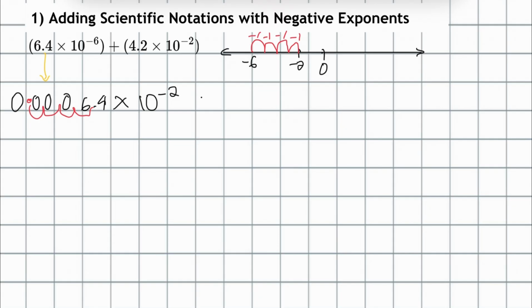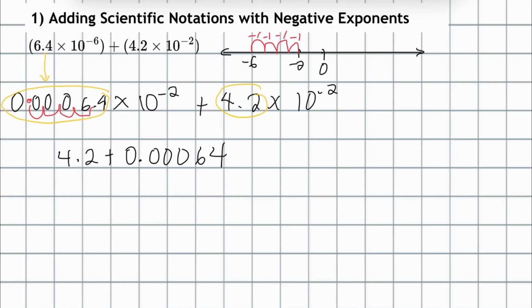Now we can actually add the other side, which is 4.2 times 10 to the negative 2. And when I say add, we focus on adding the coefficients, right? We say that 4.2 added to 0.12364, okay, it's going to be times 10 to the negative 2.